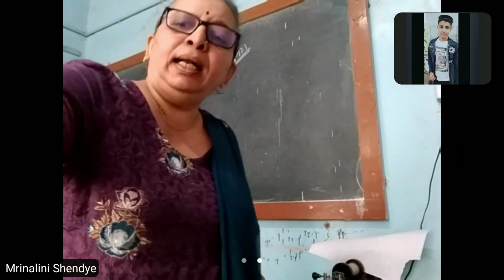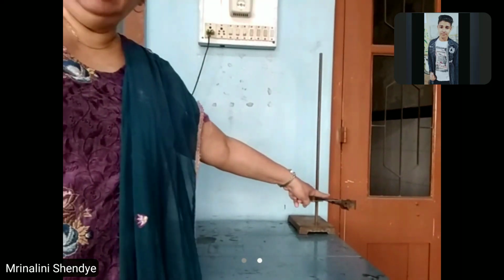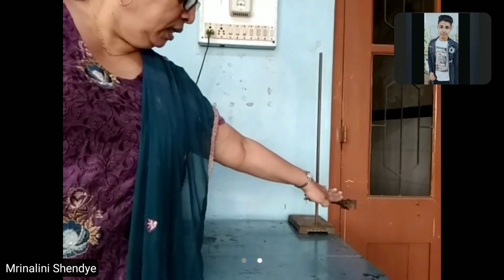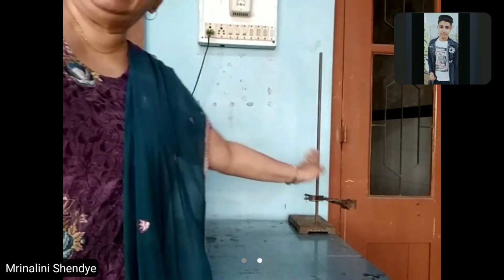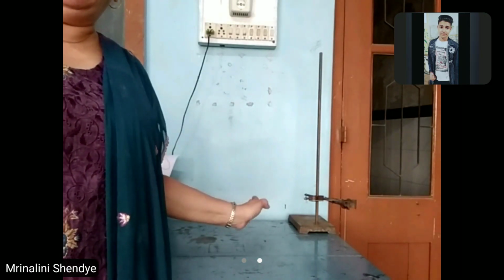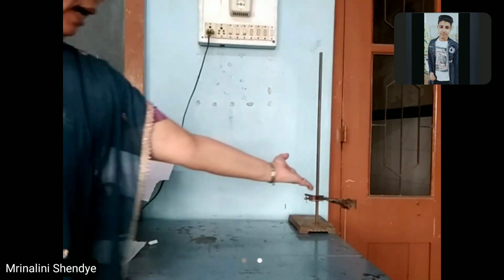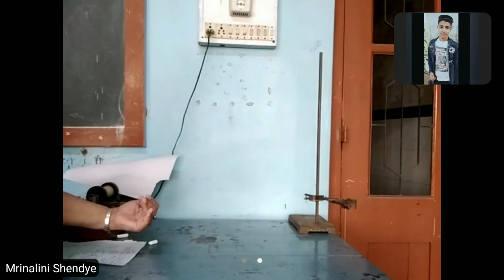At the other end of the string, being a rigid support, the wave will get reflected back, and the incident wave and reflected wave will interfere, will superimpose, and you get transverse stationary waves over here.